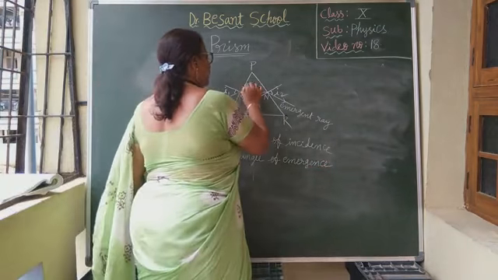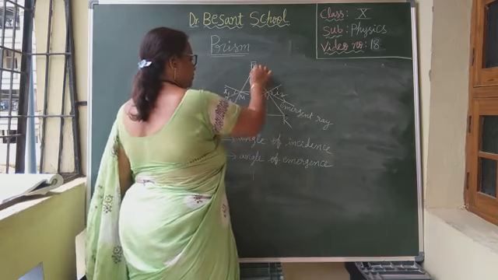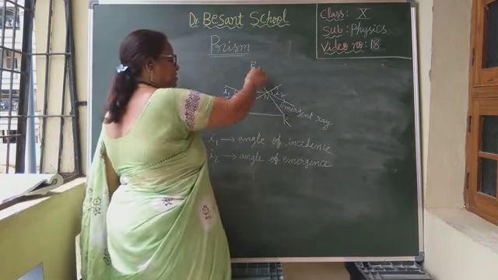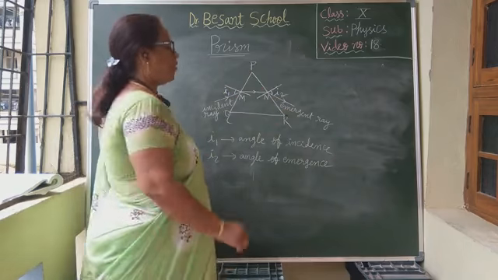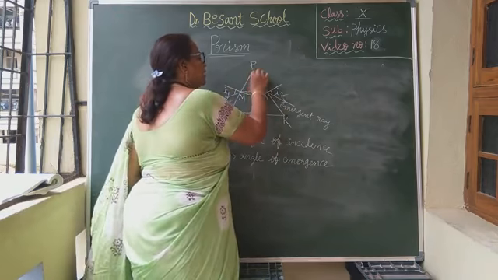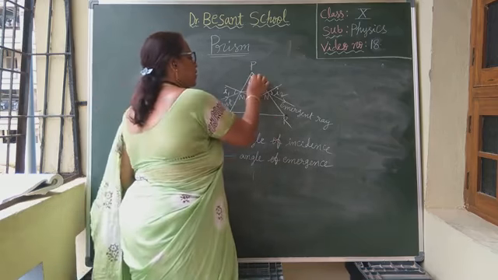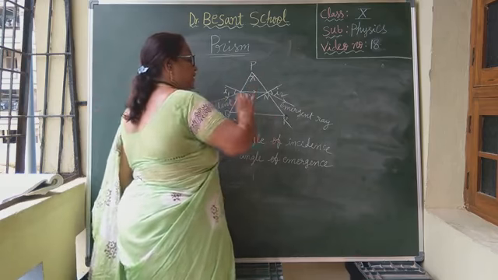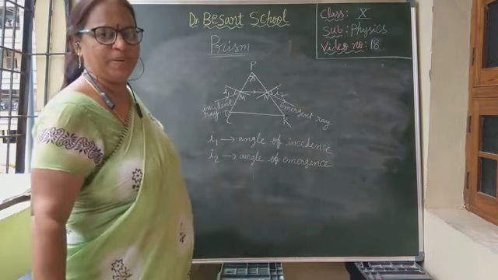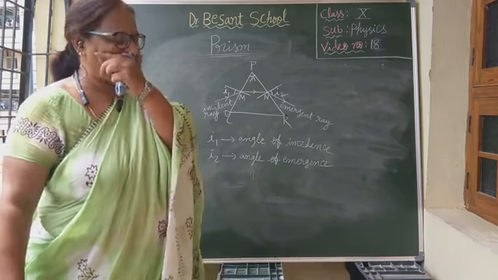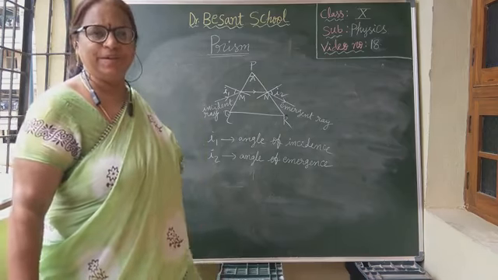Now see here, the inclined surfaces PQ and PR form an angle here. The angle formed between PQ and PR is called the angle of prism, A. A means the angle of prism, or refracting angle of the prism. Understood?